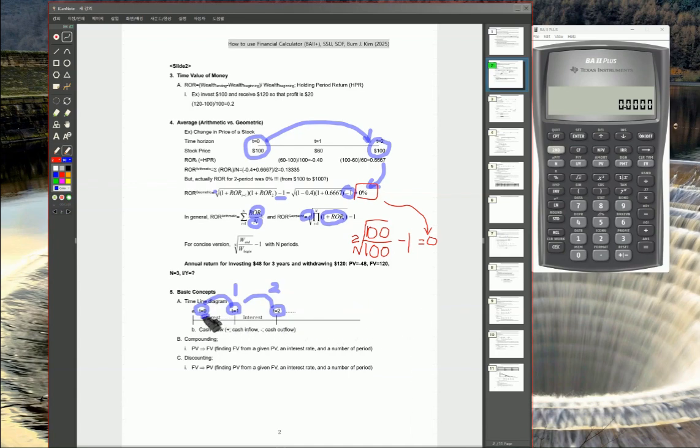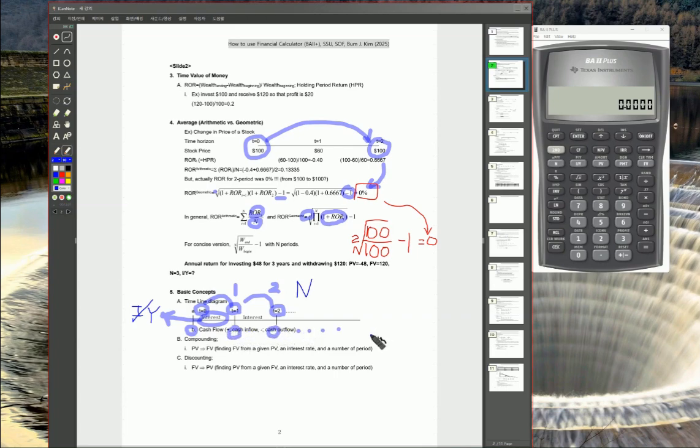And we have an interest for each period, so that interest is a periodic rate. So n is the number of periods, and the interest, which we call I/y, is the periodic rate. And then we have cash flow. All the cash flow will be shown at each point of time, here, here, or there, etc.